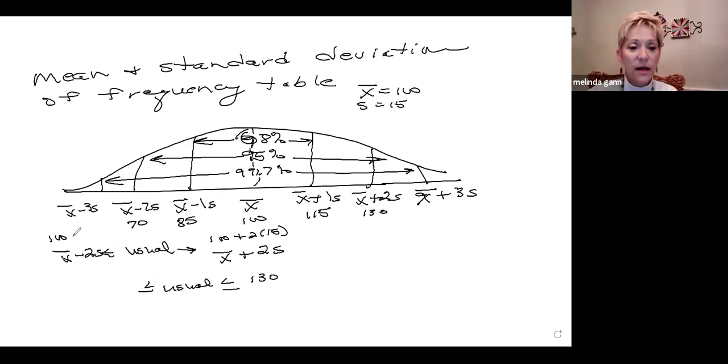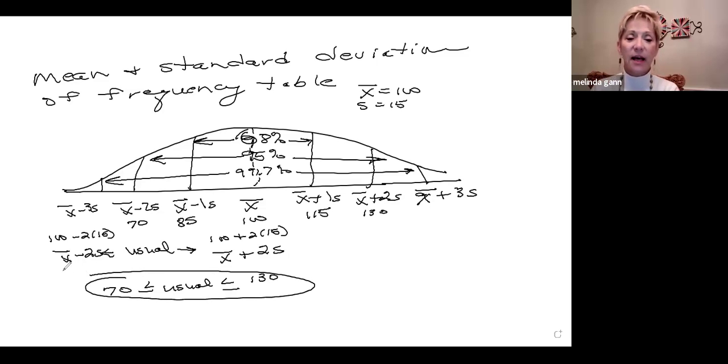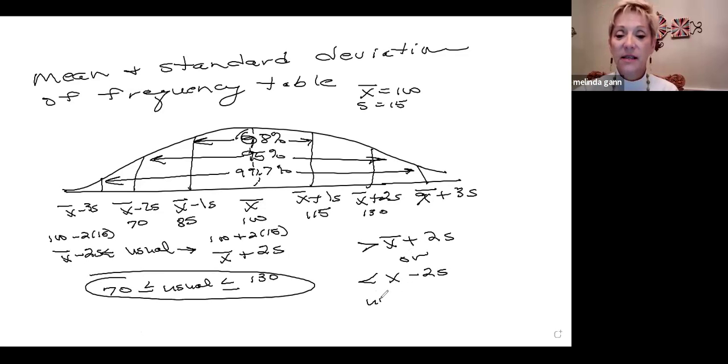This would be 100 minus 2 times 15. So 100 minus 30 is 70. So a usual IQ would be any IQ between 70 and 130. Unusual would be above this number or below that number. Okay, so if it's bigger than the mean plus 2 standard deviations, or if it's smaller than the mean minus 2 standard deviations, that's considered to be unusual. So an IQ of like 140 would be unusual.